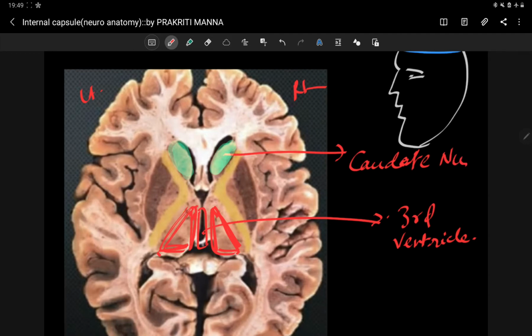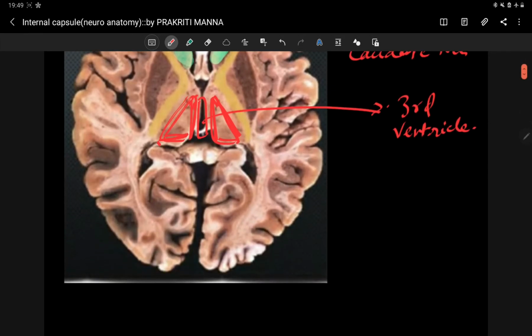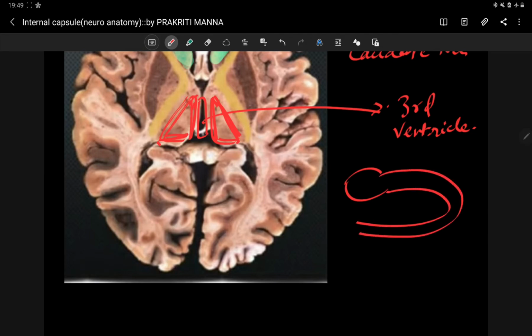Actually, this is the head of the caudate nucleus. Your caudate nucleus has one head, one body, and one tail, and at the end of the tail, the amygdaloid body is attached.